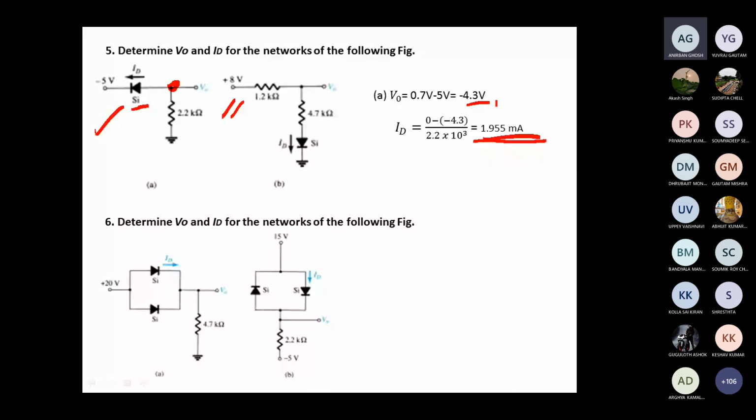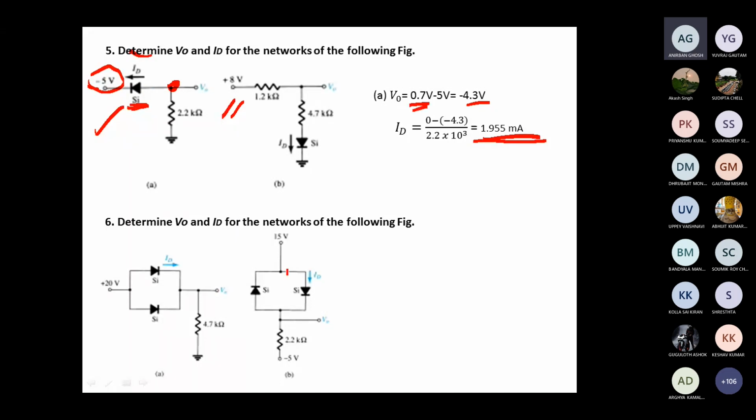You see, this is minus 5 volt, isn't it? First, you have to check whether it is conducting. So if minus 5 volt, and diode current is flowing this way, and 0.7 volt across, you have this one 0.7 volt.